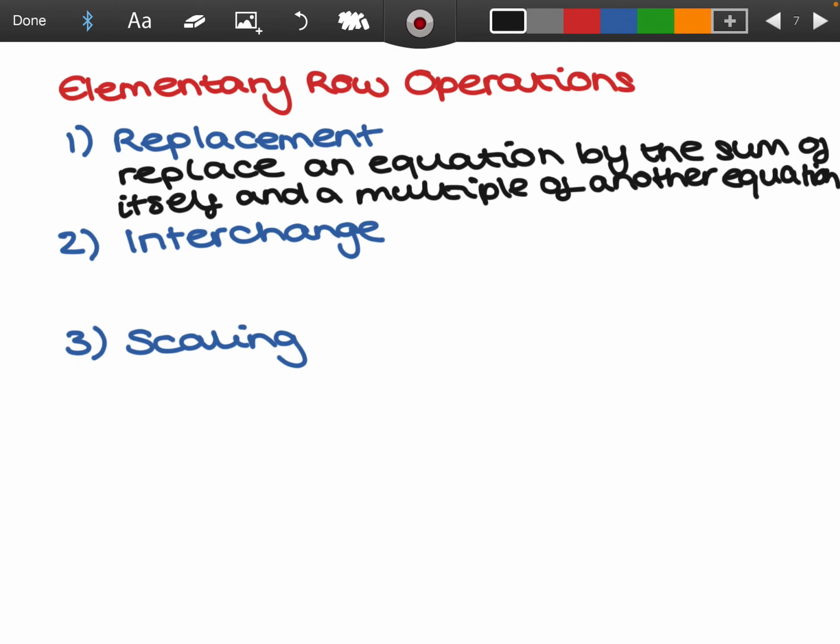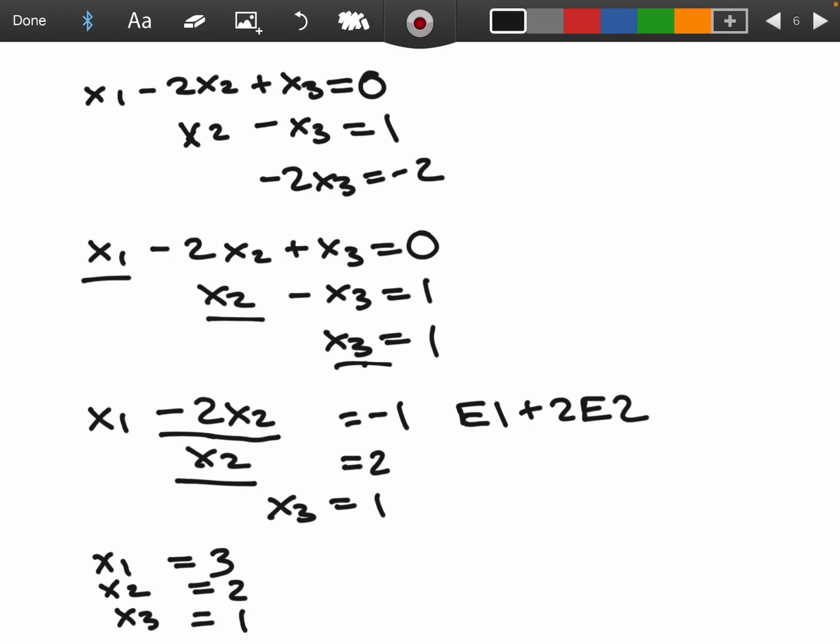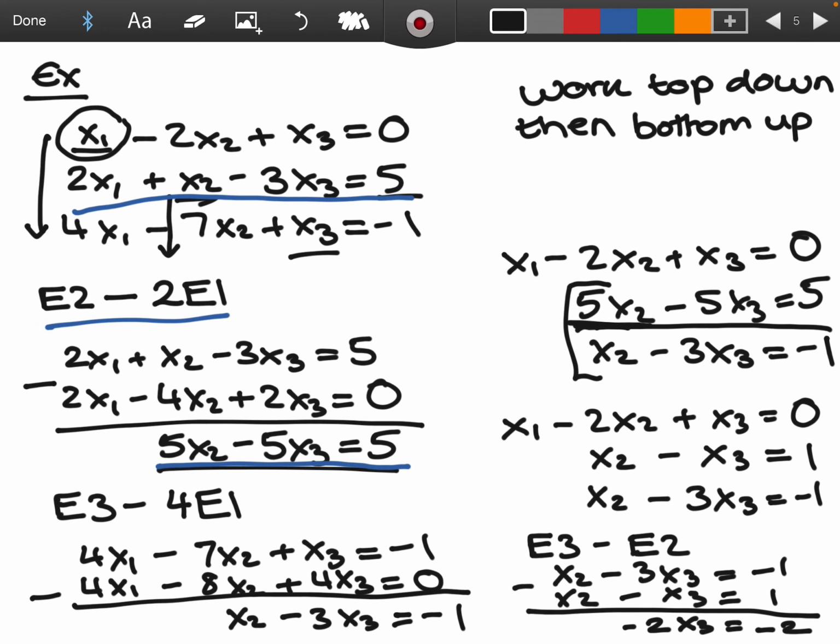In the same way, interchanging 2 equations. Let's come back here. Okay, what I did here at this point over here was I divided my second equation by 5. Okay, we'll go through that in a second with scaling. But what I could have done, as I said before, is just switch these 2 equations around. Does that change my structure of my system? No. Okay, it helps me solve it.